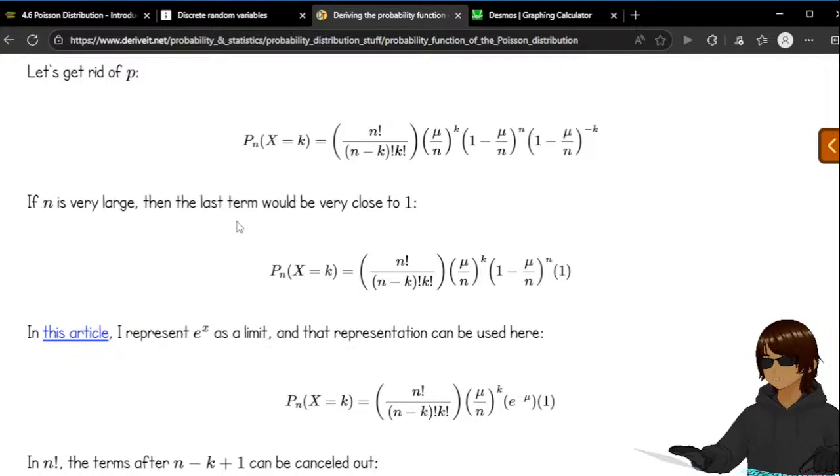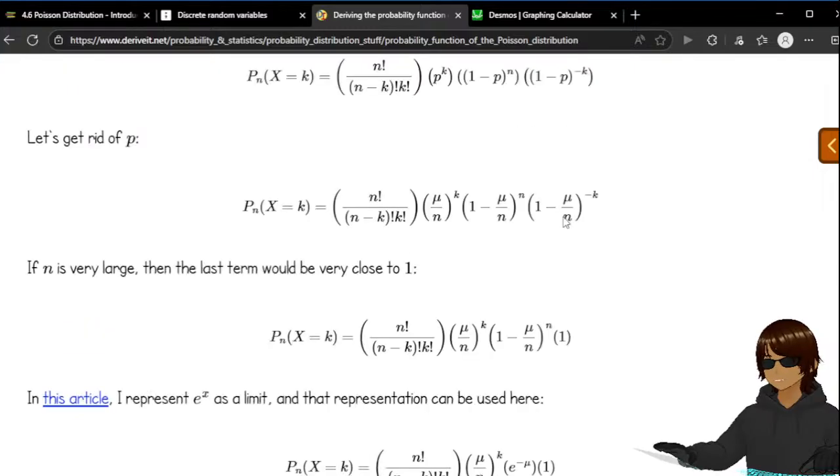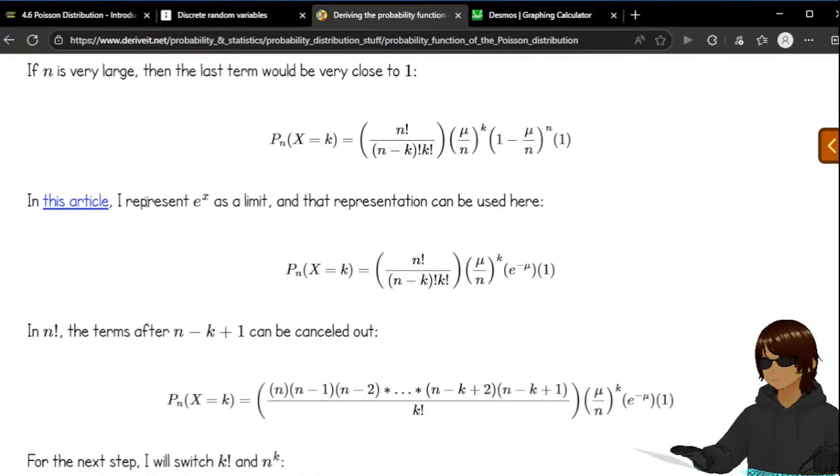If n is very large, then the last term would be very close to 1. So this would make sense. n is very large, 1 minus mu divided by n to the power of n. Mu is fixed. We're getting closer and closer to 1. That makes sense.